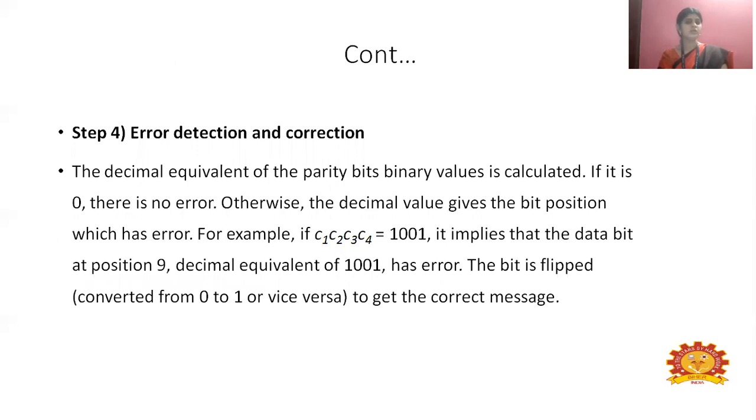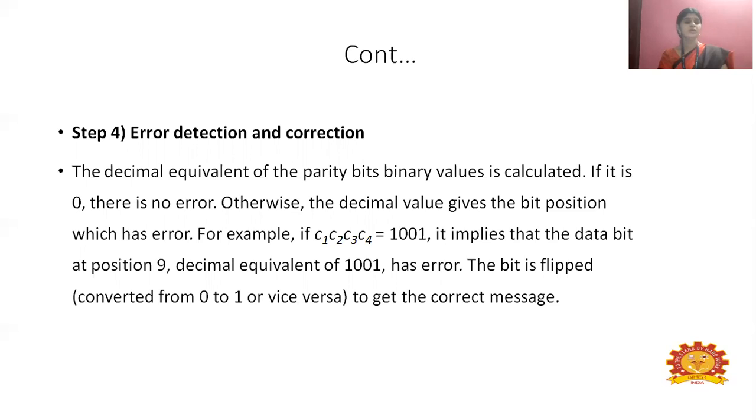Next, step 4, we are going to detect and correct the error. The decimal equivalent of the parity bits' binary value is calculated. If it is 0, then there is no error. Otherwise the decimal value gives the bit position which has the error. For example, if C1, C2, C3 is equal to 1001, this implies that the bit position is 9, the decimal equivalent of 1001.